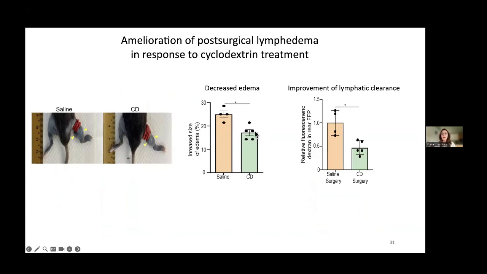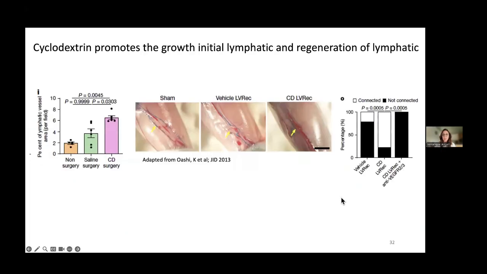And importantly, this was associated with an improvement of lymphatic clearance, as shown on this graph, where we can see a reduction of the fluorescent molecule within the peripheral tissue. So really showing that cyclodextrin can alleviate lymphedema, the swelling, through improving lymphatic function.